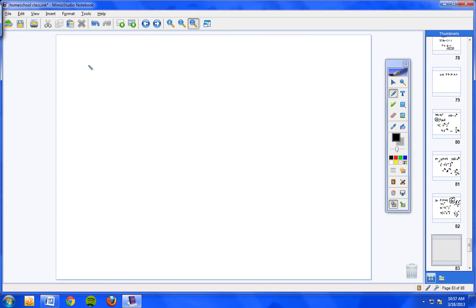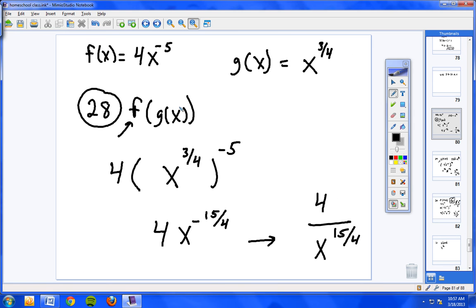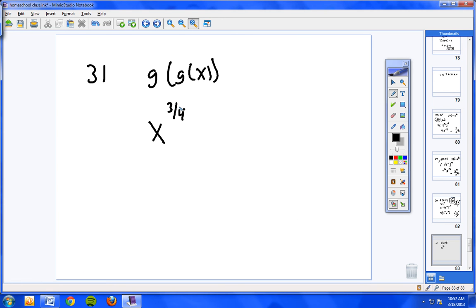All right, number 31. I'm thinking g of g. Okay, so g of g. So g of x, Matthew. So the g's on the outside, so I'm going to write my g function, which is x to the 3/4. I believe I'm going from memory. Make sure that's right. Yep, that's right. And I'm going to write my g function, but see that x right here, Matthew? I'm going to replace that with parentheses. So I'm going to put parentheses 3/4. Now, what's on the inside?